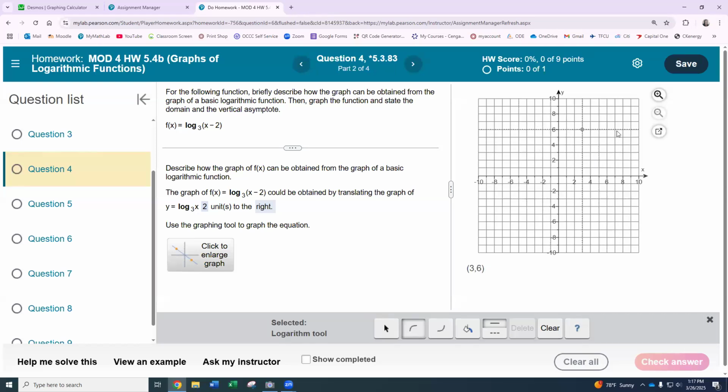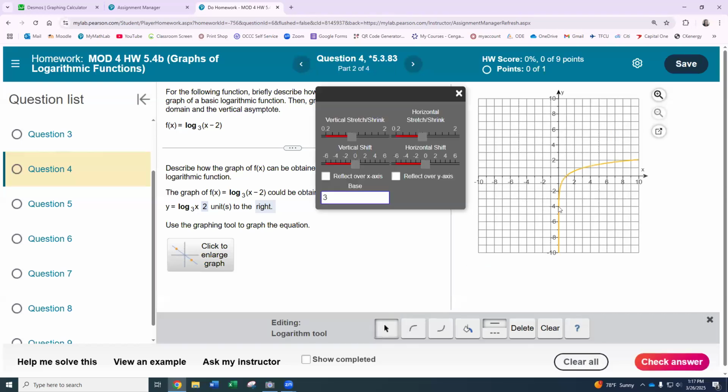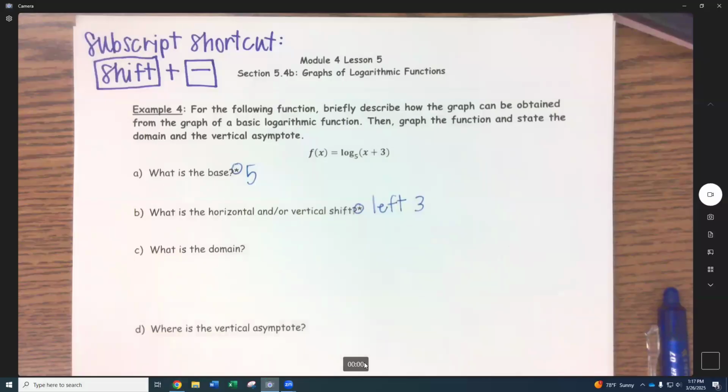Hover anywhere in this graph, click anywhere. It's going to put it where it wants. I think it always puts the base in here, but make sure you have the right base. And then we're not shrinking and stretching in any direction. We're not reflecting anything. So you are just moving it down or up or left or right. And so this one you go left 3 units. So that's all you need to be able to do to graph these.